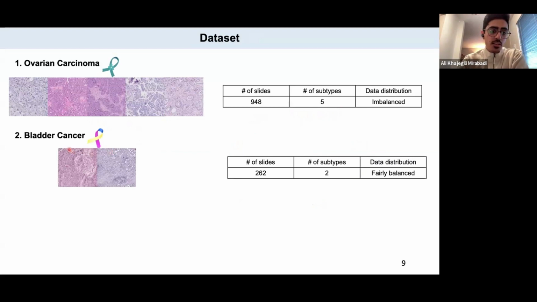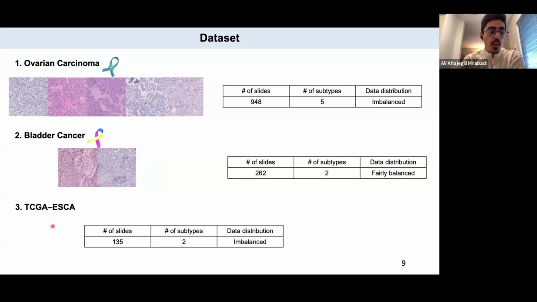The second data set is bladder cancer with 260 slides, and it's a fairly balanced data set, but one of the subtypes, the micropapillary subtype, is really rare, but we try to have a balanced data set. The other data set is a public data set, TCGA ESCA, which is a small data set, 135 slides, and it's imbalanced.